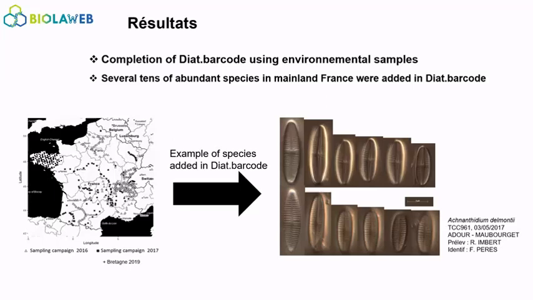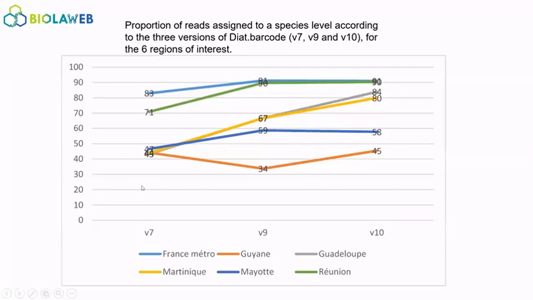So by selecting good samples with these dominant species not sequenced in high abundance, we could make a correspondence with environmental sequences. So this is an example here. It's Acanthidium delmontii. So now we have the sequence of Acanthidium delmontii. And we did it for several species.